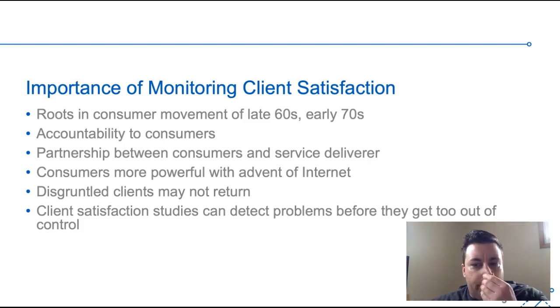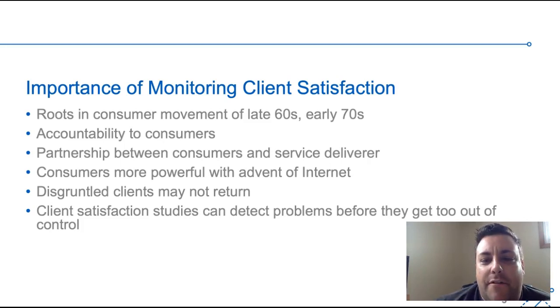So the roots of client satisfaction really stem back to the 60s and 70s and this idea of a consumerist movement. Some people might argue that this relates to neoliberalism, and I think you could make that argument. And just the consumerification of services in general.